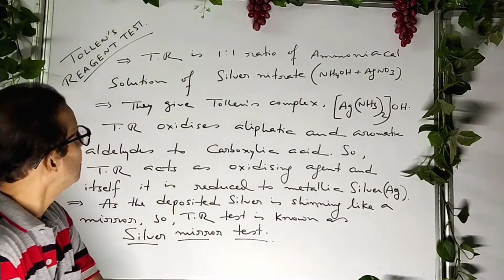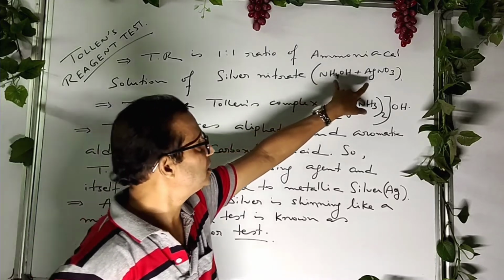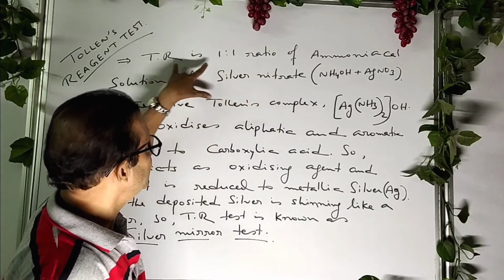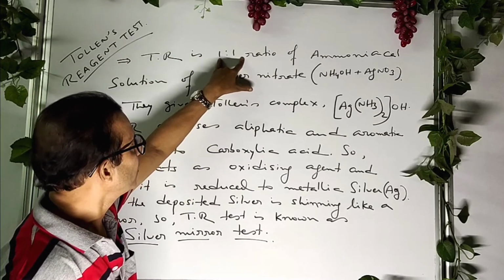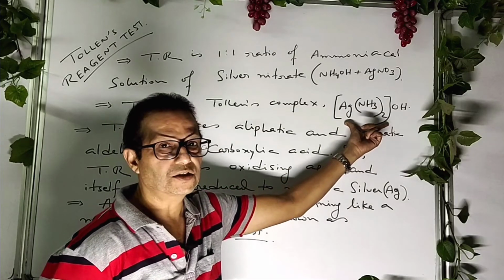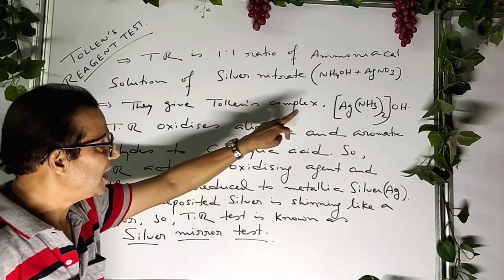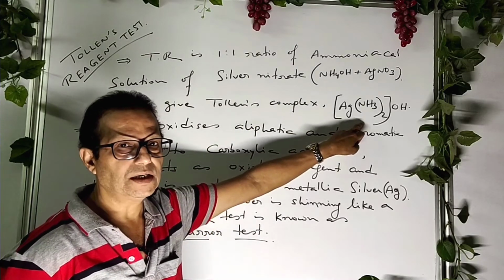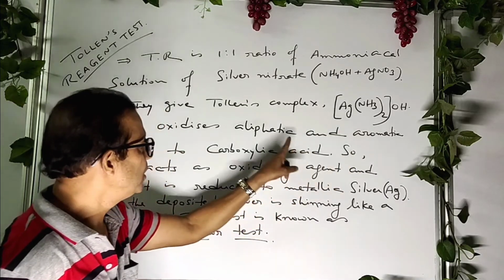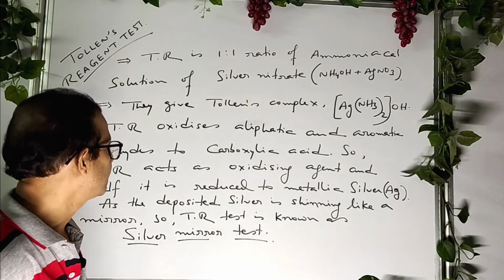See it. When you mix ammonium hydroxide and silver nitrate, that is, the composition of Tollens reagent in 1:1 ratio, they react and give this complex. This is called Tollens complex. Actually, this Tollens complex is responsible to carry out the oxidation of aliphatic and aromatic aldehydes to carboxylic acid.